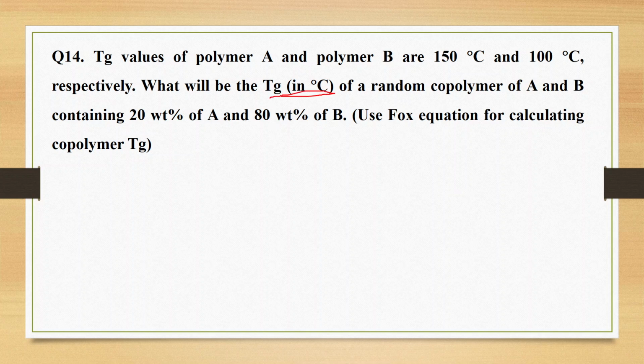So you have to calculate Tg in degree centigrade using Fox equation, that is also mentioned, of the random copolymer that is prepared by A and B, where A is 20 weight percentage and B is present as 80 weight percentage. Okay, calculate this, and once you are done, tell the answer in the chat box using Fox equation, and tell me the Tg value in degree centigrade. Don't forget this part.